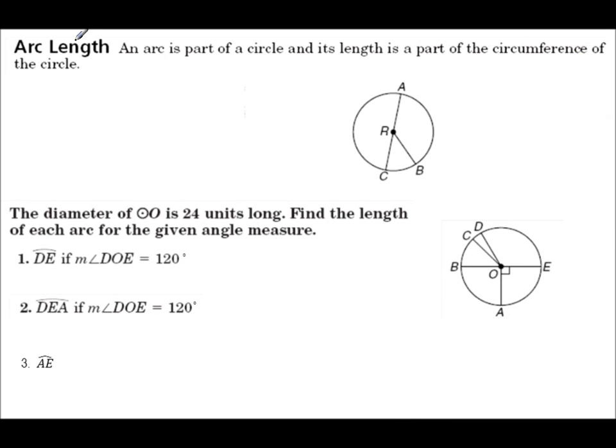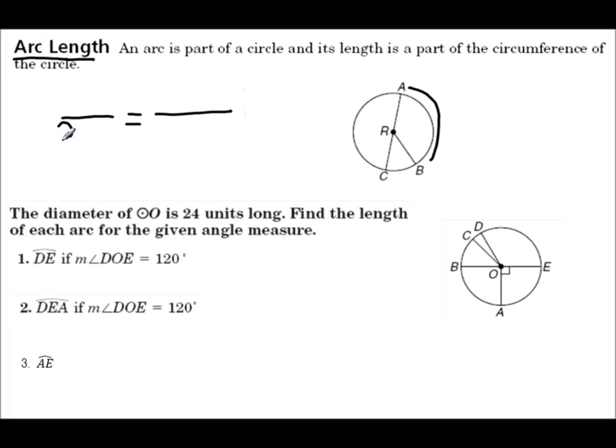Okay, arc length refers to how much of the circle we have in relationship to how much of the circle is total. So an arc length is going to be a direct proportion. The easiest way is to start with, on the denominator, what you know about a circle in terms of length and degrees.